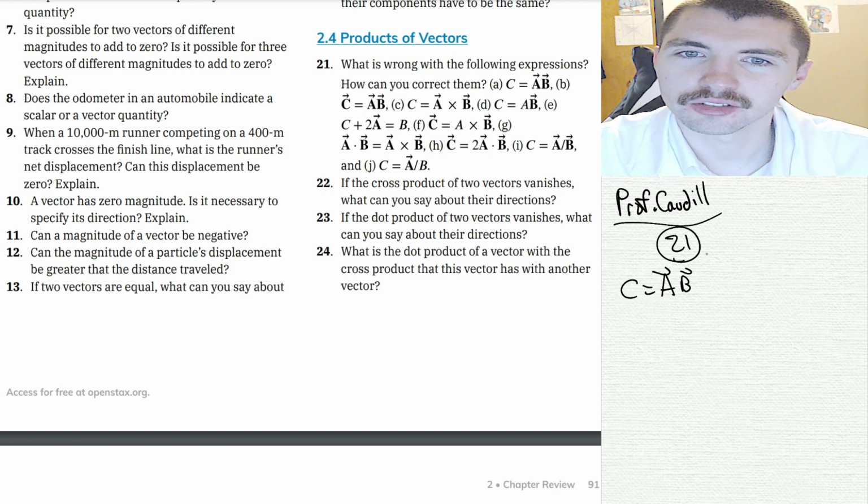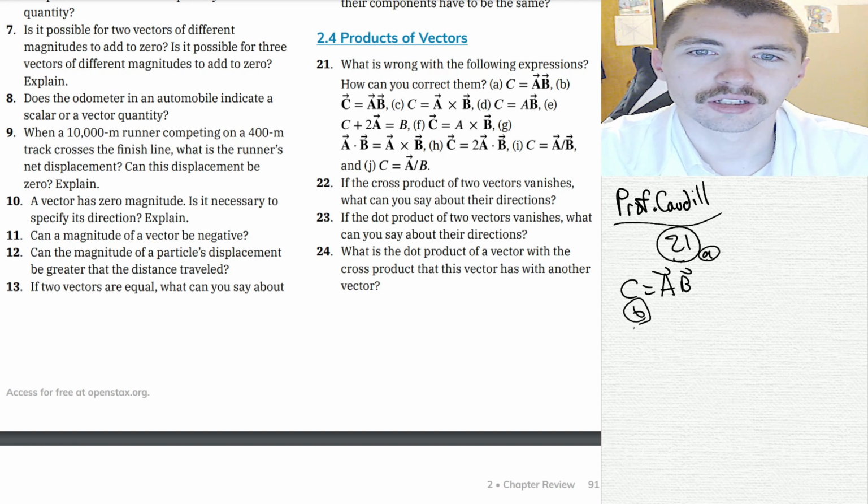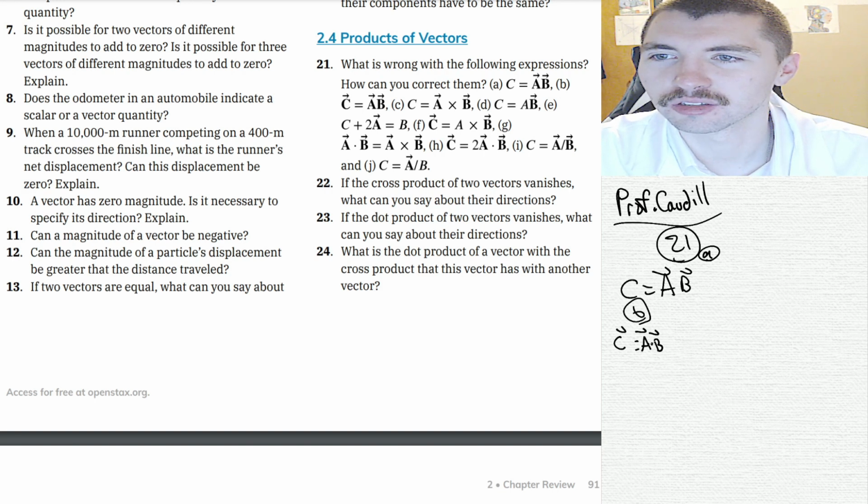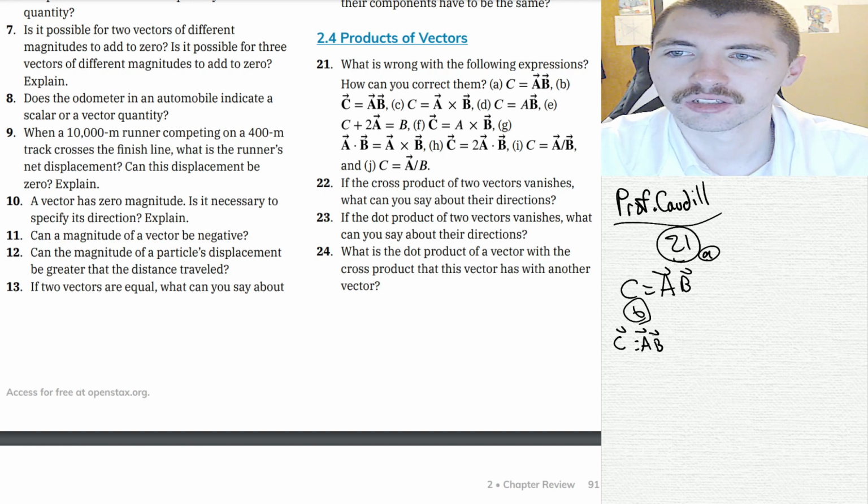All right, so B, C equals AB. So probably similar to A. Just another thing is, what does this mean? They need to be more specific. Is it a dot product or cross product?